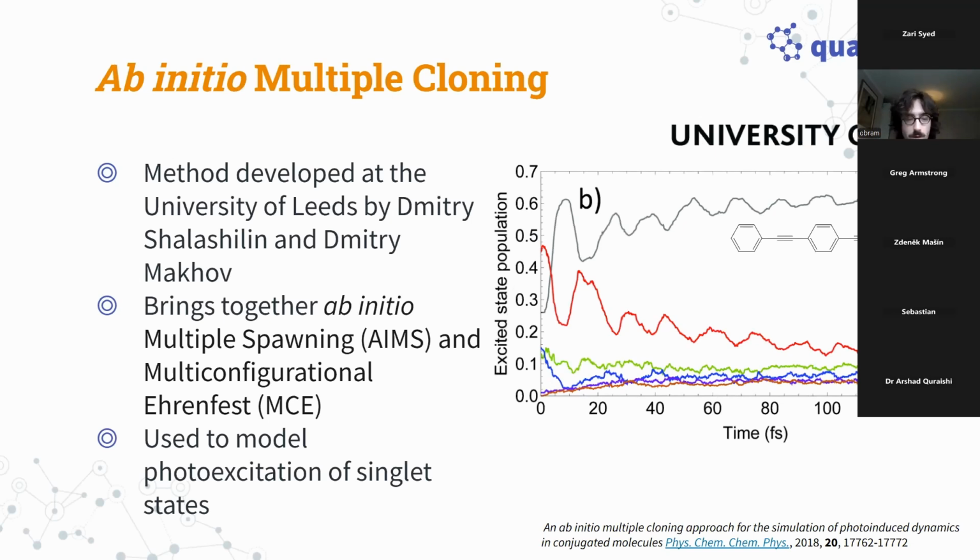And it's quite a well-established method, and they've used it predominantly to do photo excitation simulations of singlet states. And the graph here is showing the dissociation of charge across this molecule. And so we're going to take this method and apply it to triplet states.